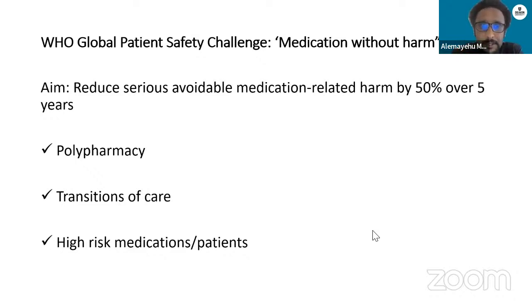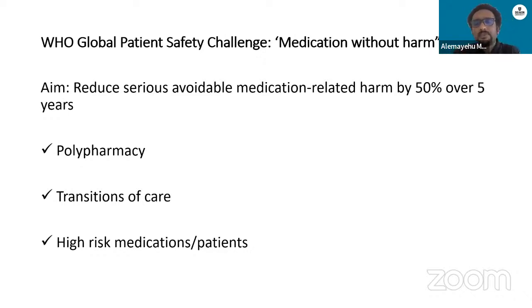Because of the global burden of medication-related harm, this global initiative was endorsed by the end of 2017. Now it's a global challenge which many nations have adopted in their health policy to make sure that avoidable medication-related harm is reduced by 50%, or by half, over 5 years.